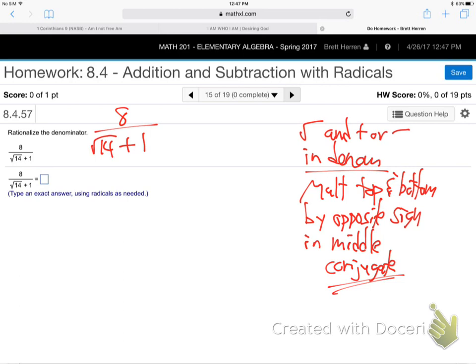So what am I going to multiply top and bottom by on this one? Root 14 minus 1. Does that make sense? Opposite sign in the middle.